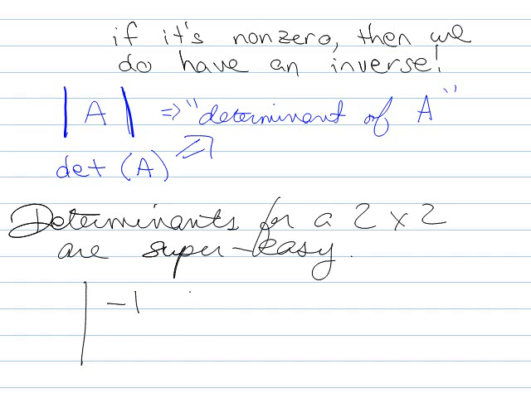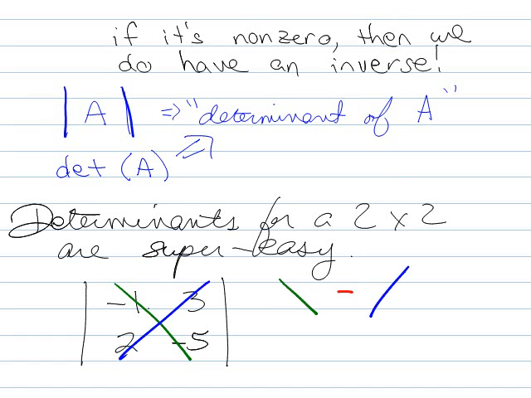So if I wanted to find the determinant of this, what I actually do is I take these times each other minus these times each other. I'm just trying to figure out a good way to write this. It's this minus that.